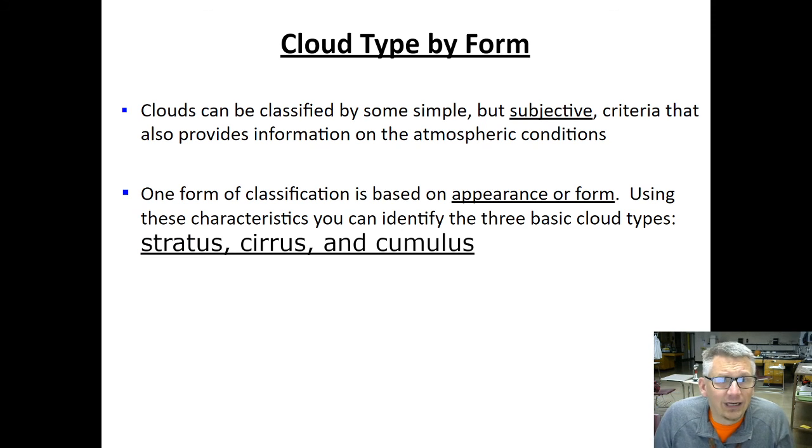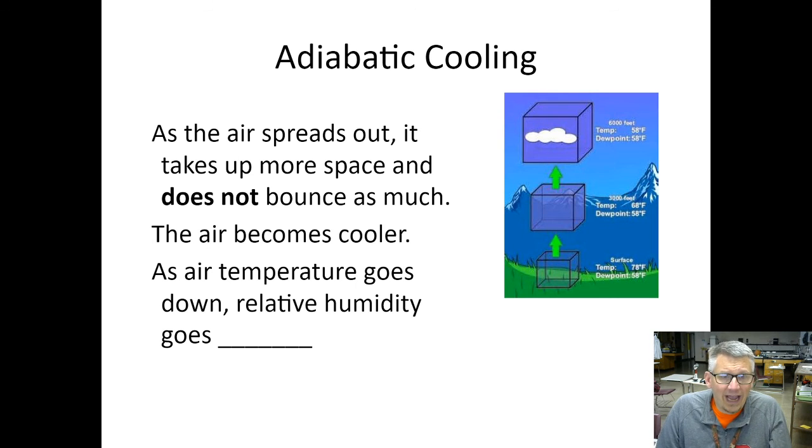When we take a look at them by their form, or what they look like, we have stratus, cirrus, and cumulus clouds. And this is by looks. All clouds are going to form by adiabatic cooling.